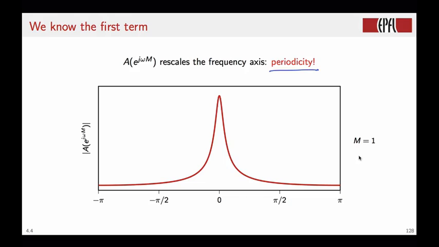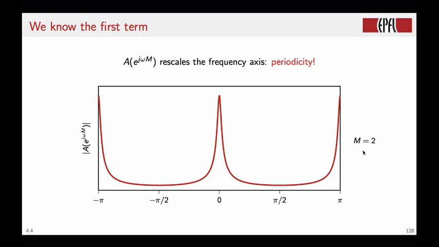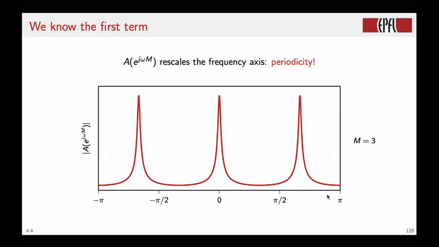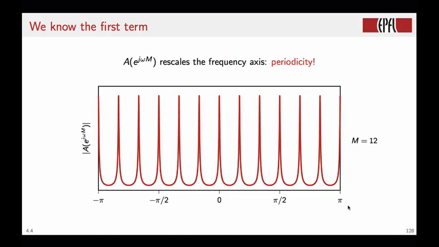When M is equal to 2, we're bringing in 2 copies of the spectrum inside the minus pi pi interval. So what before was periodic over 2 pi now becomes periodic over pi. And when M is equal to 3, you will have 3 copies of the basic spectrum that fall into the minus pi pi interval, and so on and so forth. This is, for instance, the case for M equal to 12.